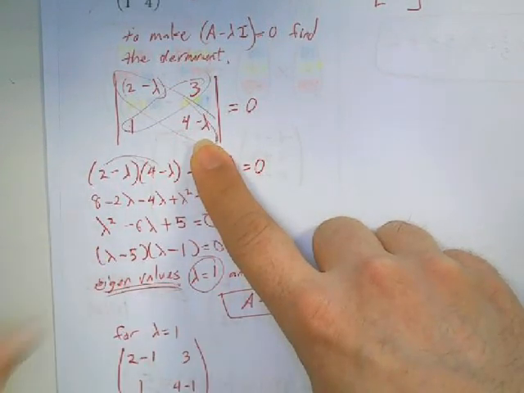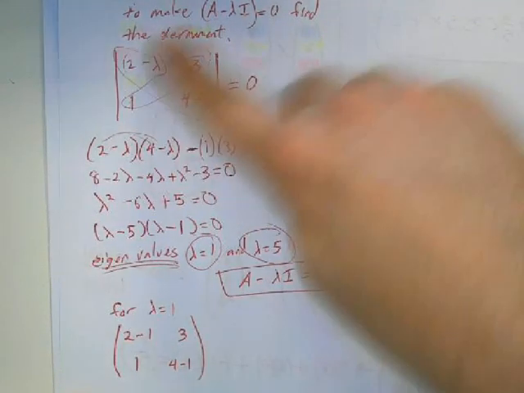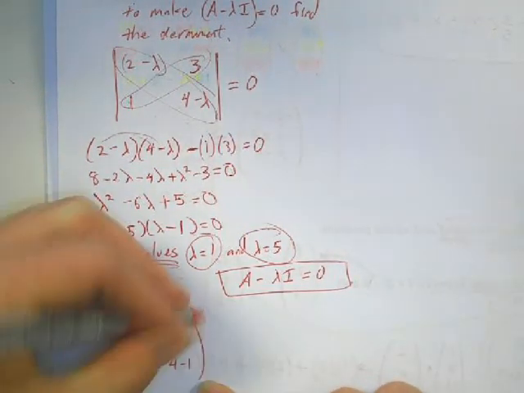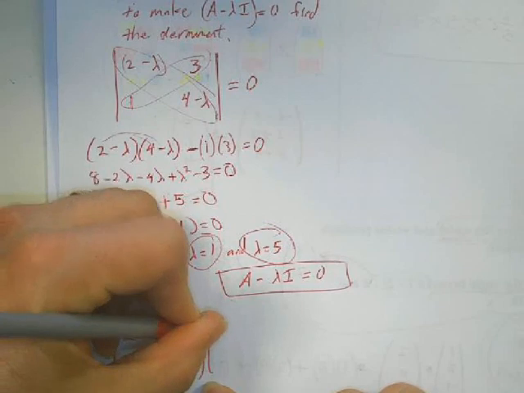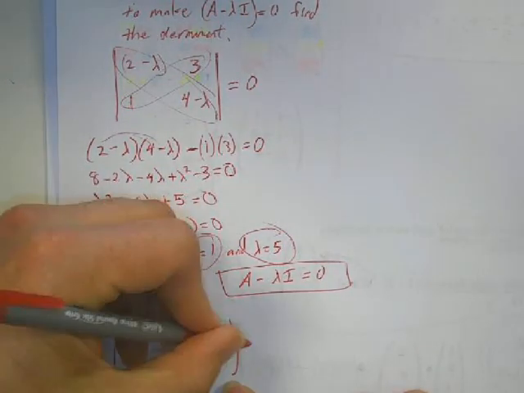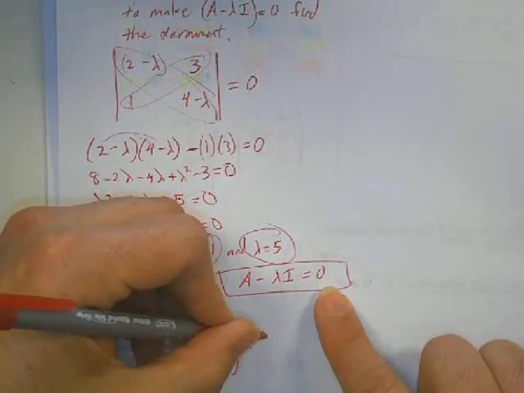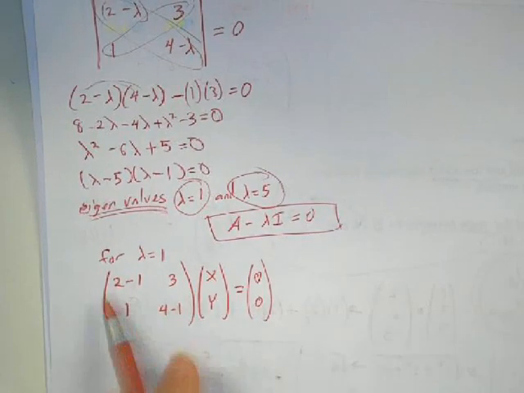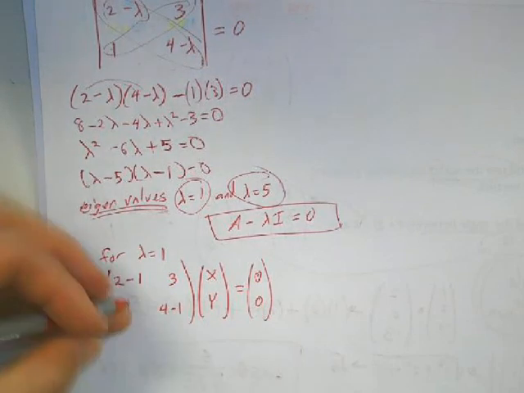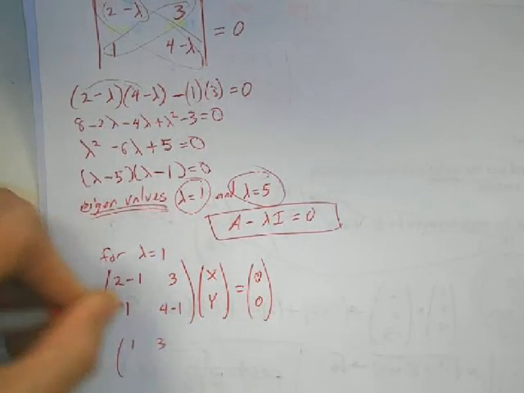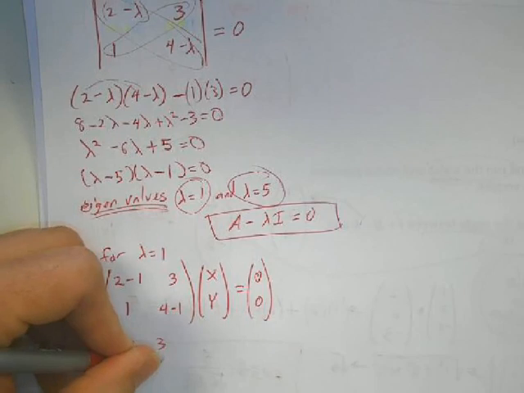I've just taken this matrix and replaced lambda with 1, and now I'm going to have x and y, equals 0. Let's simplify that. 2 minus 1 is 1, and then 3, and then 1, and 4 minus 1, that's 3, right?